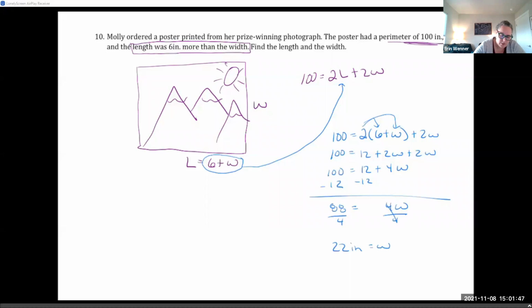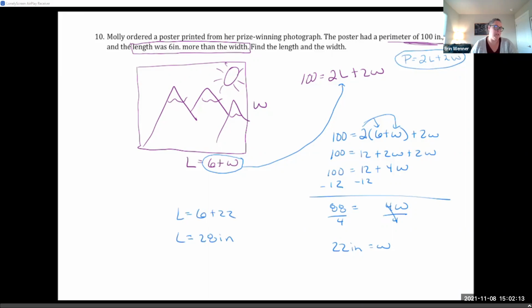We can't solve this problem without knowing the relationship between perimeter and length and width, right? And that comes from the distance all the way around it. Okay, we can go back and solve for the length by saying that it's 6 more than the width. So it gives us 28 inches.